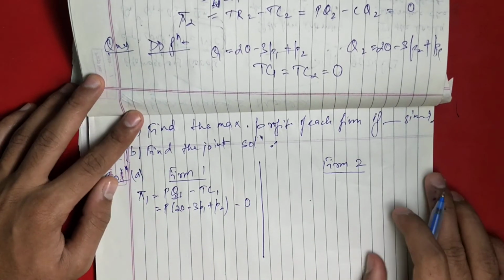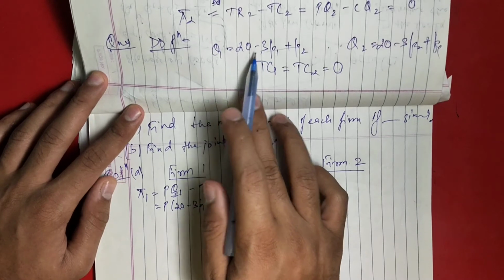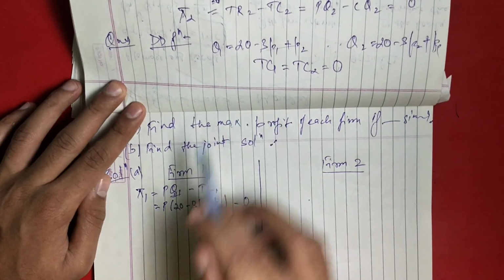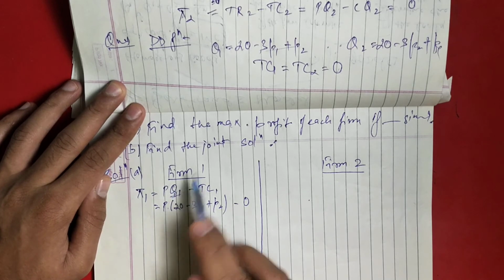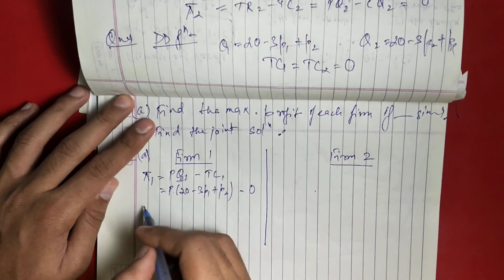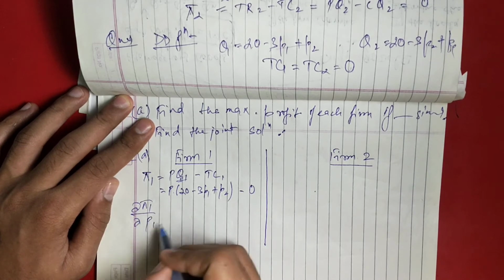Earlier, with homogeneous goods, we used to substitute P. Now we are substituting Q from the demand function. Everything else remains the same.